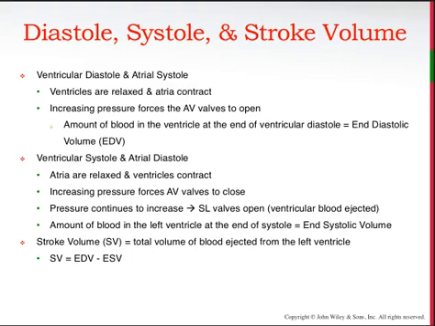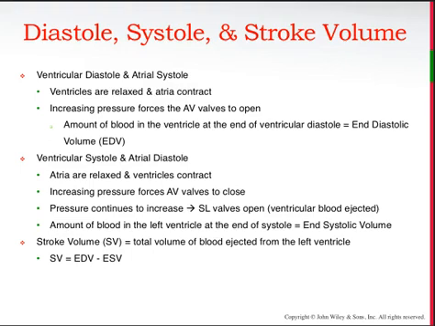That makes perfect sense. As the atria are contracting, they're squeezing blood out of the atria into the ventricles. Those ventricles need to be relaxed to receive that blood from the superior chambers. Increasing pressure within the atria from the blood volume and the contraction is going to force those AV valves to open, the right AV valve and the left AV valve.